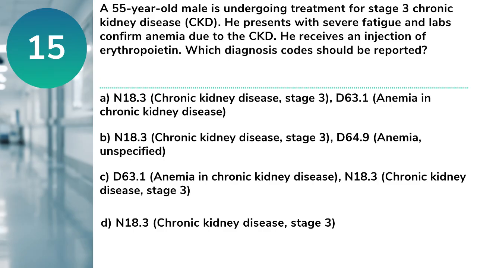B. N18.3, chronic kidney disease, stage 3, D64.9, anemia, unspecified. C. D63.1, anemia and chronic kidney disease, N18.3, chronic kidney disease, stage 3. D. N18.3, chronic kidney disease, stage 3.